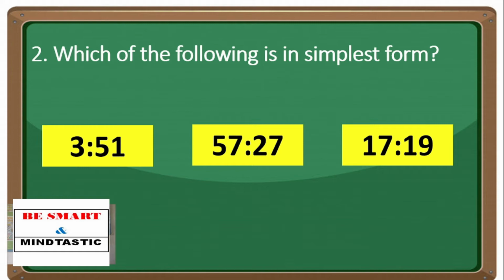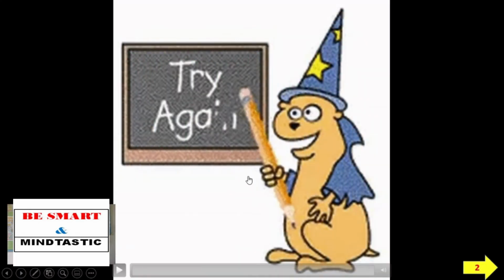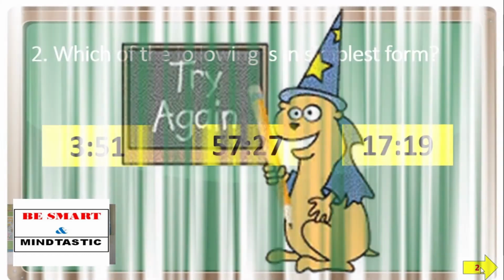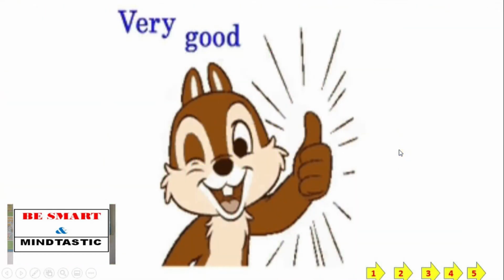So what is your answer, Jake? Okay, your answer is 3 is to 51. No, Jake. Try again. 3 is to 51 is not in its simplest form. So what's your answer? 17 is to 19? Very good. It's 17 is to 19.